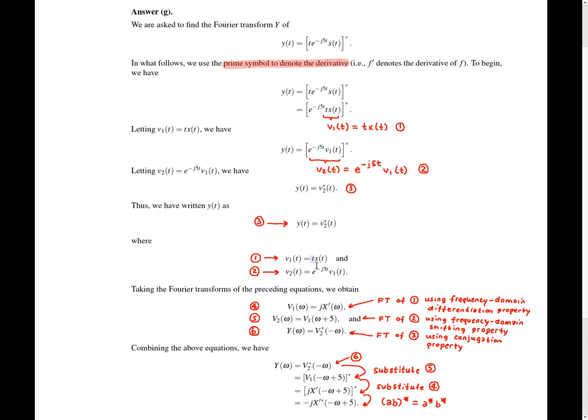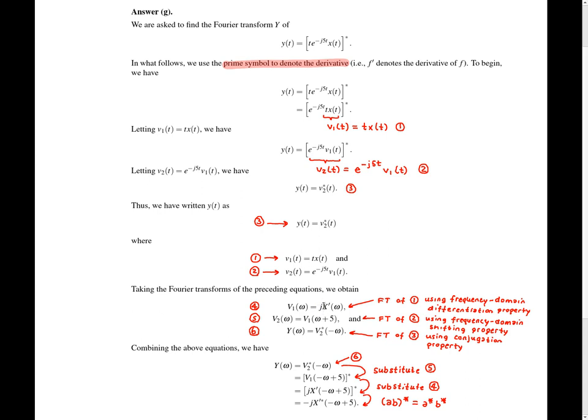What this property says is that the effect multiplying by t has on the Fourier transform is that the Fourier transform is first differentiated and then multiplied by a factor of j. So on the right-hand side here we have the first derivative of big X. By the way, the prime symbol here denotes the first derivative, and then we're multiplying by j.